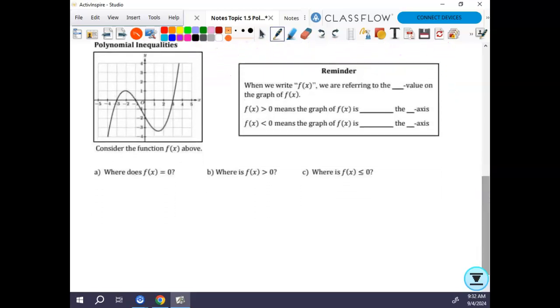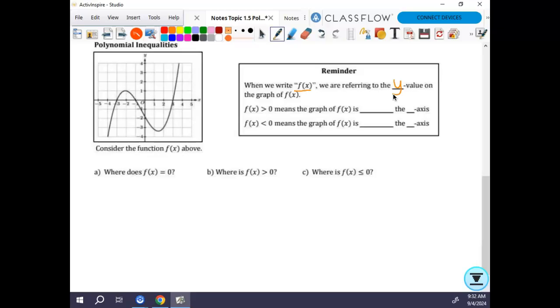Polynomial inequalities. We're going to look at it graphically today. Tomorrow we're going to look at it algebraically. But this is just a little reminder because we've talked about where our graph is positive and negative. That's what we're looking at. So when we write f of x, we are referring to the y value on the graph of f of x.